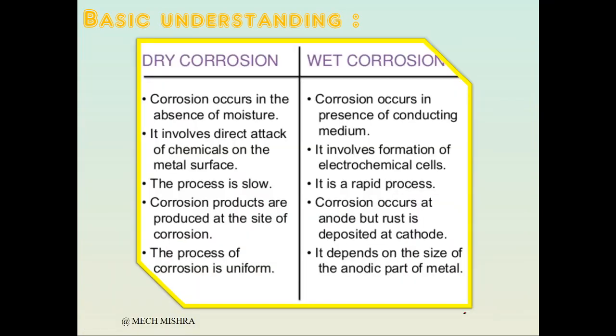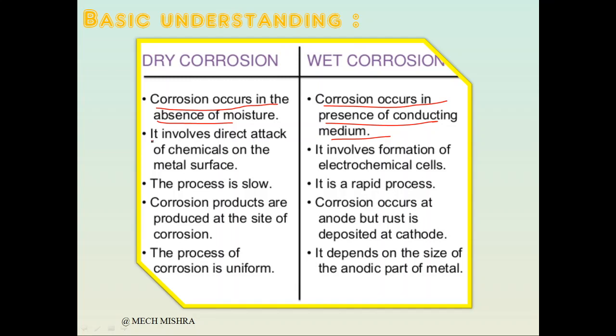Now we will understand the basic difference between dry corrosion and wet corrosion. First, dry corrosion occurs in the absence of moisture, and in wet corrosion, corrosion occurs in the presence of a conducting medium or water or some other moisture or process fluid.